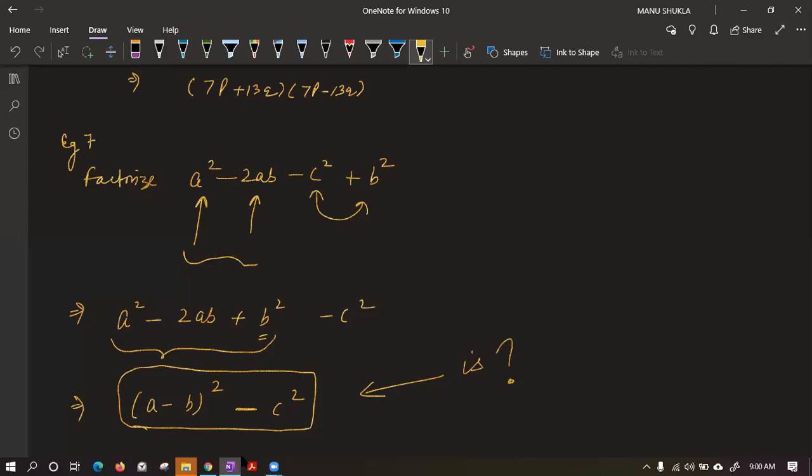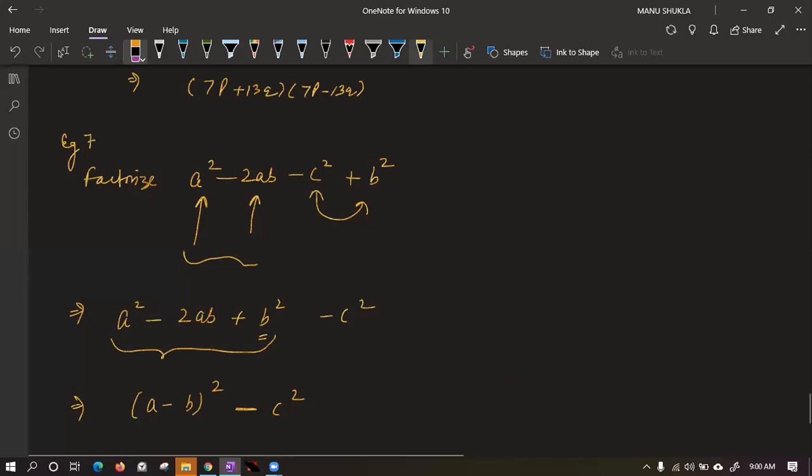So we need to further solve it to make it properly factorized. Right now, it is not in factorized form. The question is how we can make it factorized. Class, tell me, after seeing these two terms, which formula is coming to your mind?